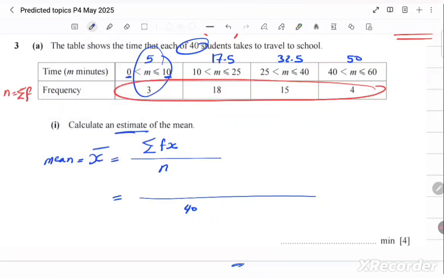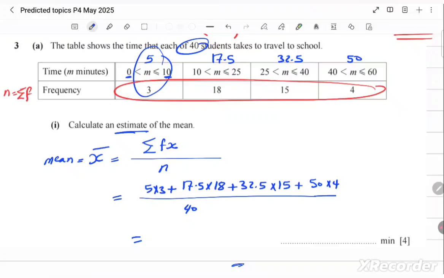So now what to do? 5 times 3 plus 17.5 times 18 plus 32.5 times 15 plus 50 times 4. I'm going to use the calculator to find it.